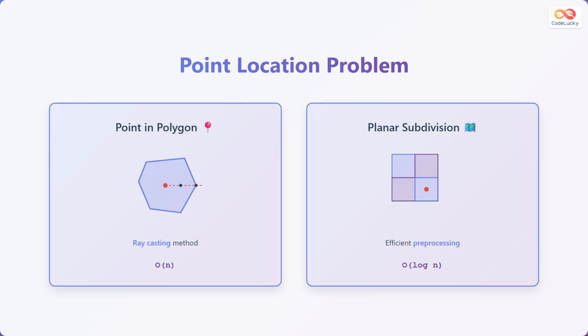If the number of intersections is odd, the point is inside the polygon. This method has a time complexity of O(n). In planar subdivision, the plane is divided into regions. Efficient preprocessing techniques can be used to achieve a query time of O(log n) for locating a point within a specific region.